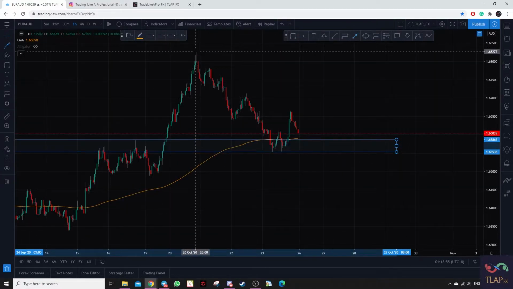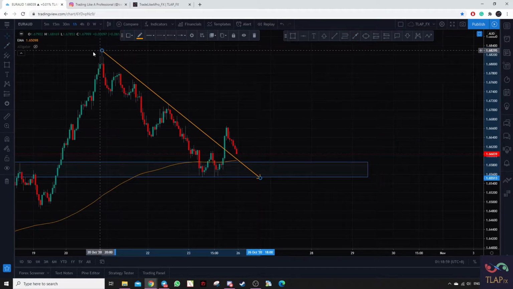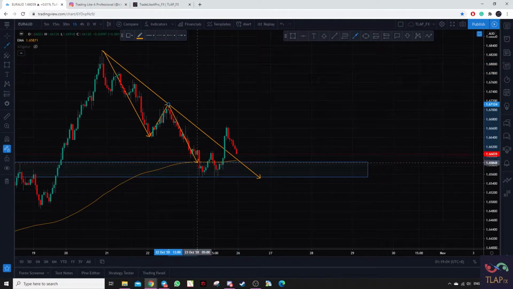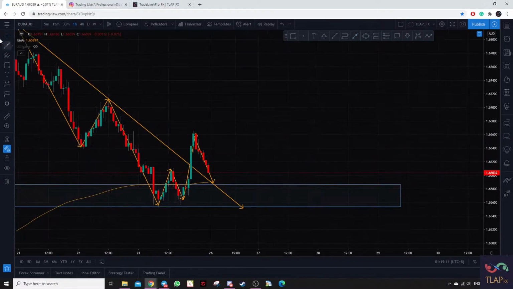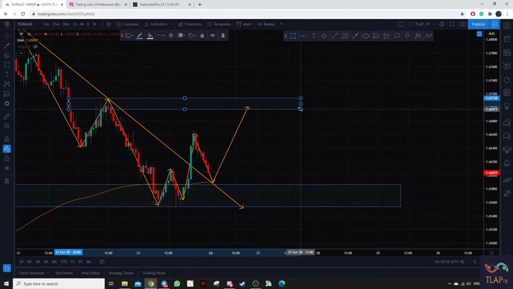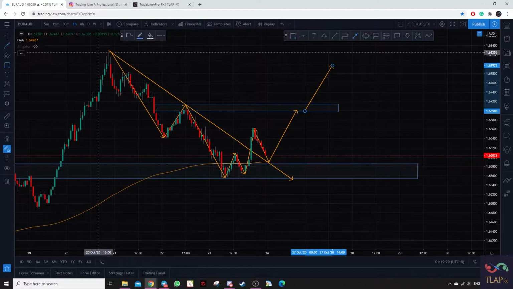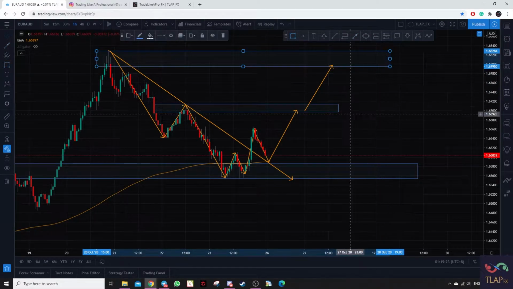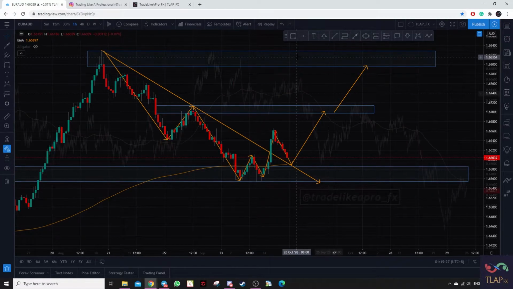So zooming in, prices broke this trend line, and you can see that we have a price movement over here, a double bottom, breaking out of the trend line and coming back to retest the same level of structure before moving towards this level and potentially previous high over here. So look for buying opportunities for Euro AUD and aim for previous high.